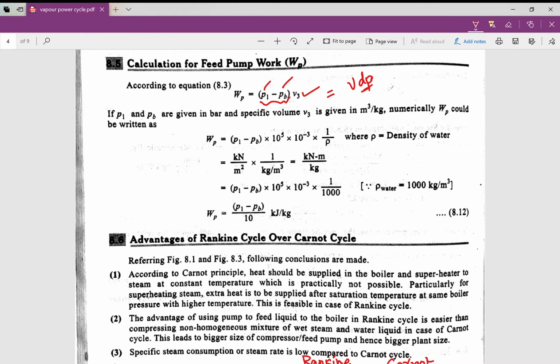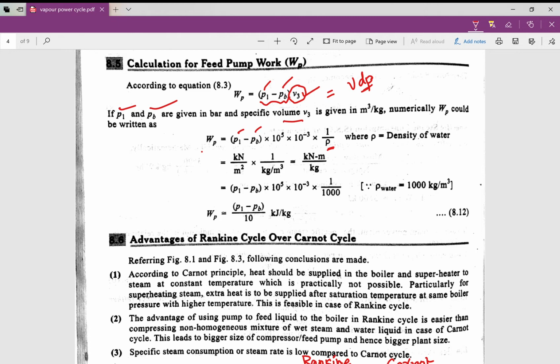So now students, if P1 and PB are given in the numerical part with a specific volume V3, we can calculate pump work like this: P1 minus PB, right? And this volume V3 we can write as the reciprocal of density, that is the density of water.